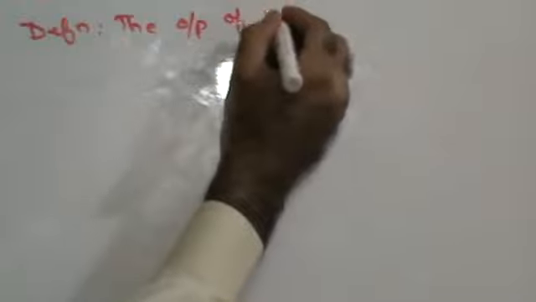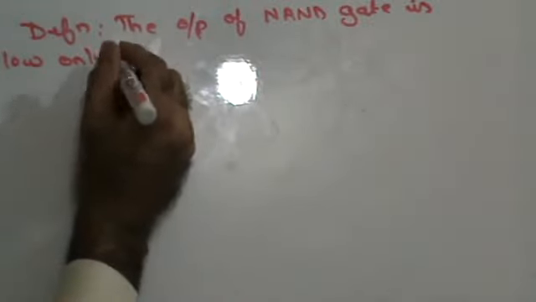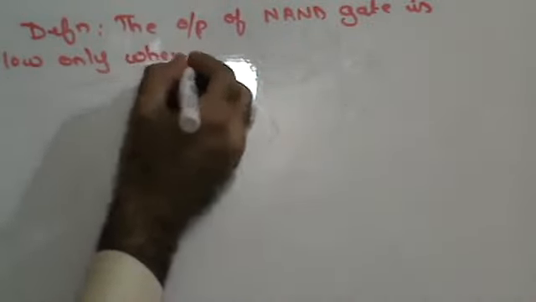I can say that the output of the NAND gate is low only when all inputs are simultaneously high. Right? That's my NAND gate.